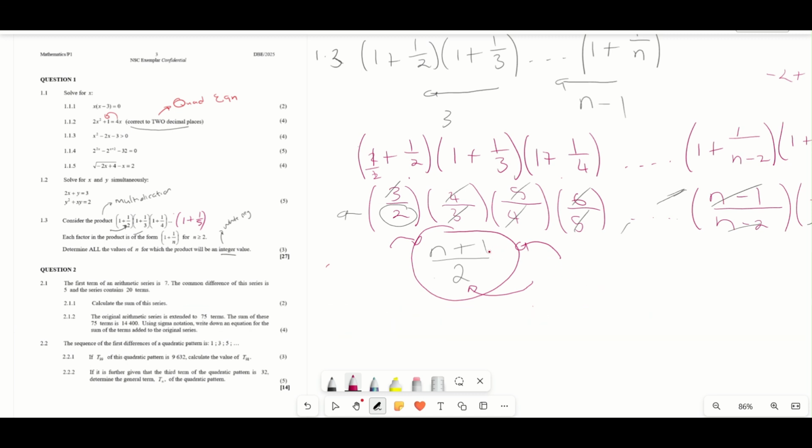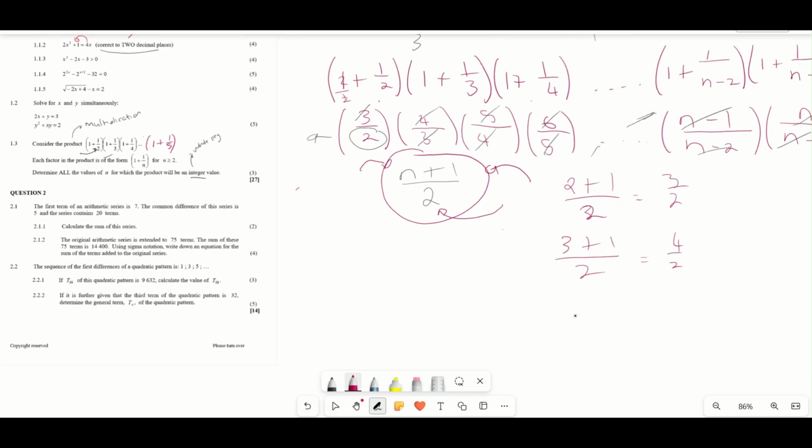Well, since I'm adding a 1, and my n has to be greater than or equal to 2, if I say 2 plus 1, I get an odd number on top. If I say 3 plus 1, I get an even number on top. If I say 4 plus 1, I get an odd number on top. If I say 5 plus 1, I get an even number on top.